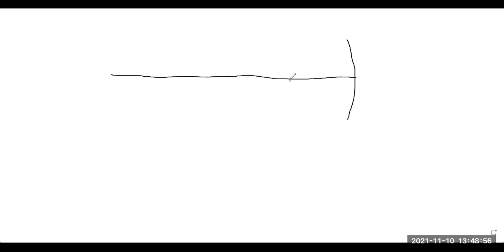So if we've got our focal point and our radius of curvature, and let's just say an object here.